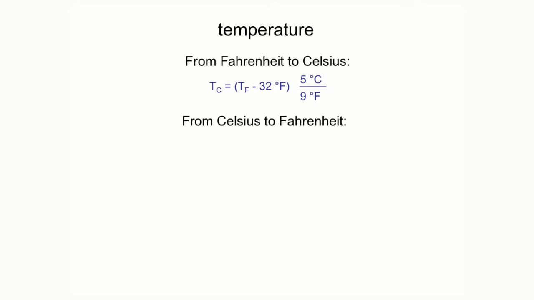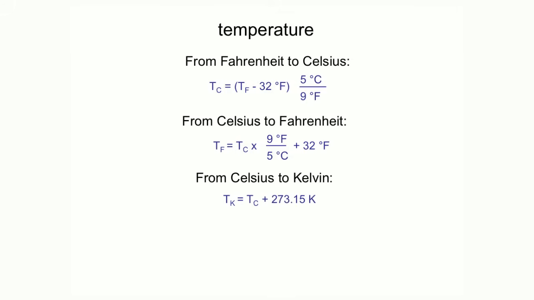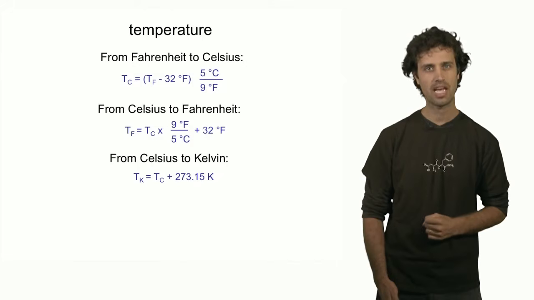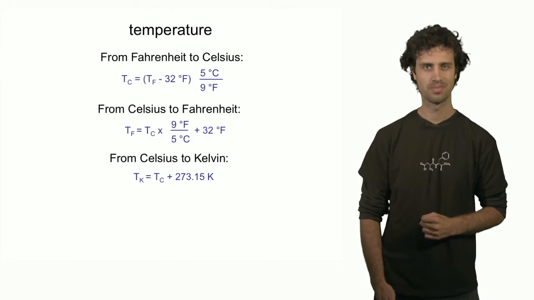Vice versa, if you would like to convert from Celsius to Fahrenheit, you take your temperature in Celsius, multiply by 9, divide by 5, and then add 32 units of Fahrenheit. And finally, converting from Celsius to Kelvin involves starting with your temperature expressed in Celsius and adding 273.15 units of Kelvin.